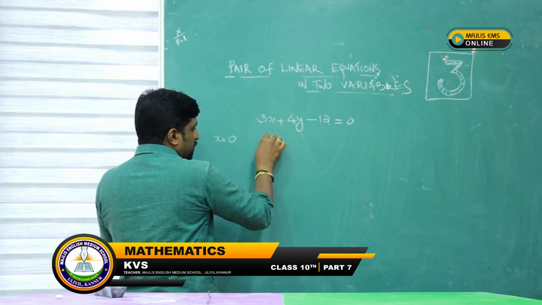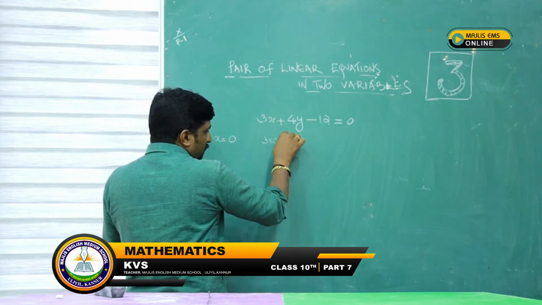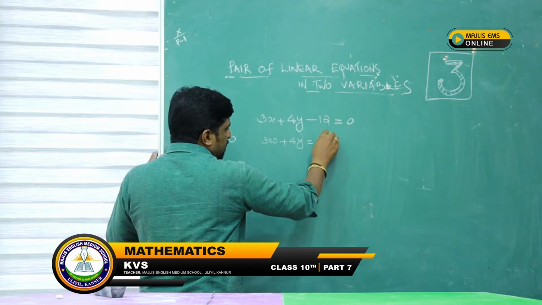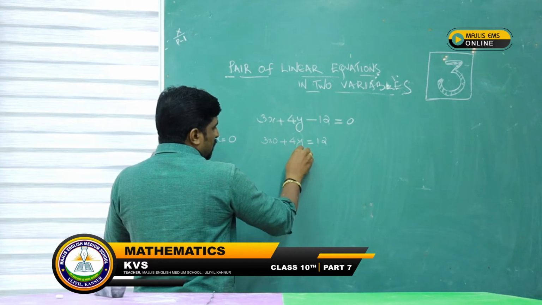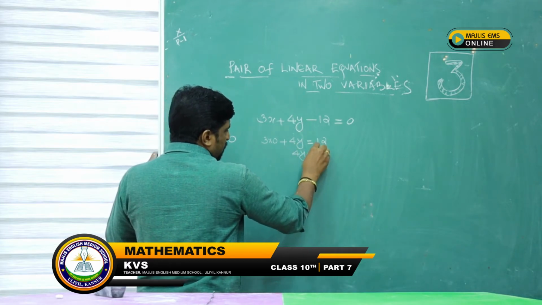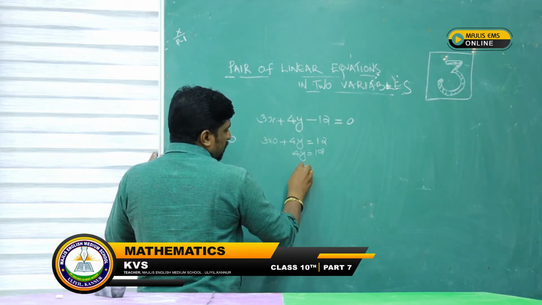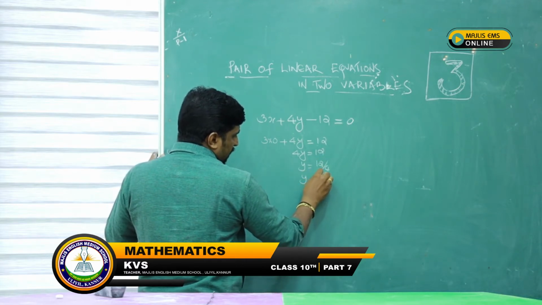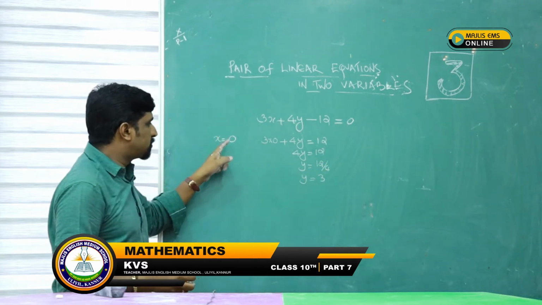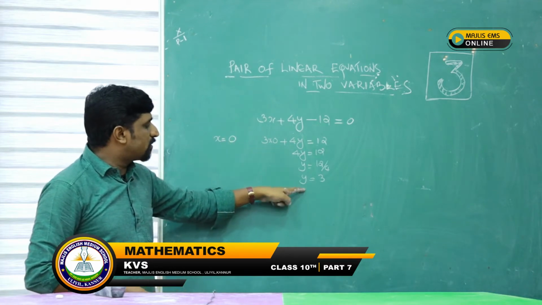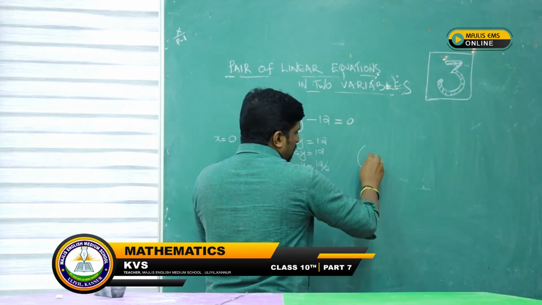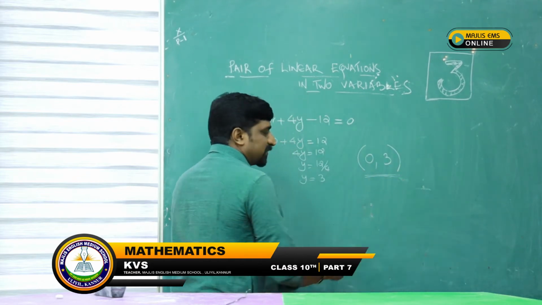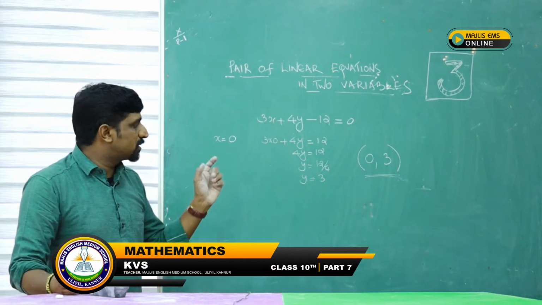Then the equation becomes 3 into 0 plus 4y equal to 12, minus 12 taken to that side. Then 4y equal to 12, so y equal to 12 by 4, that is y equal to 3. When we substitute x equal to 0, we get the y value 3. We write the solution as 0, 3. This is the first solution.